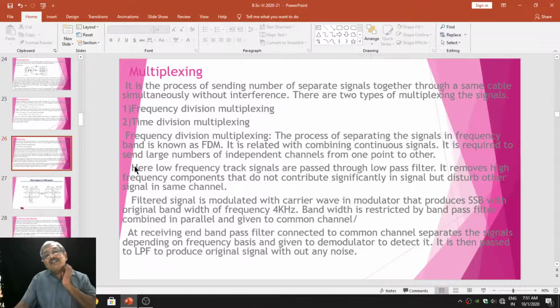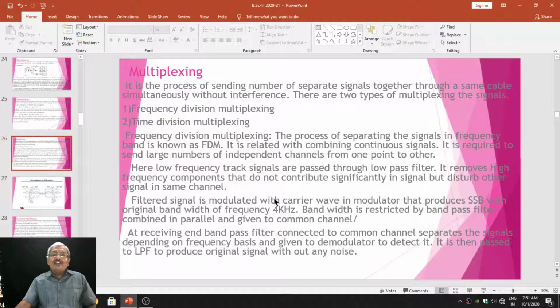Look at here. The transmitter begins with low frequency signals passed through the low pass filter. It removes the high frequency components that do not contribute significantly to the signal but disturb other signals in the same channel. So that's why the low pass filter is used.